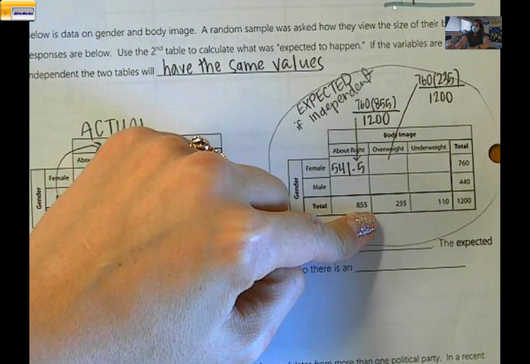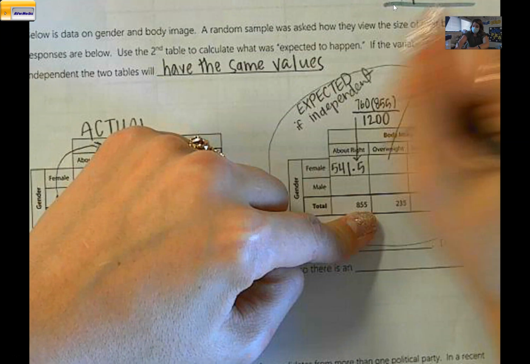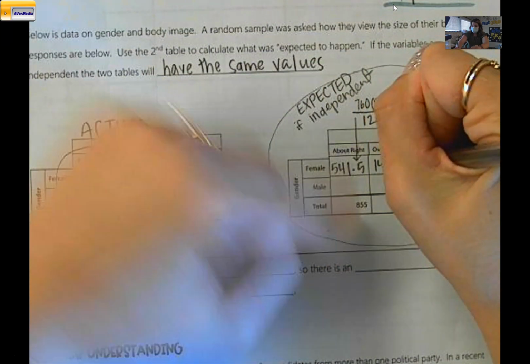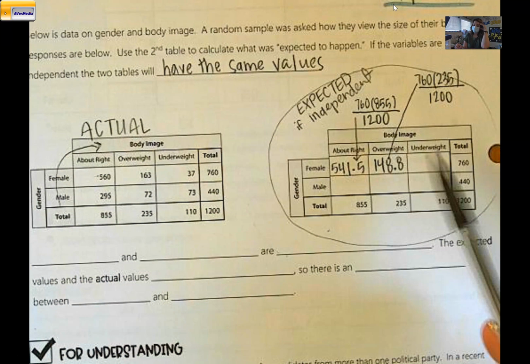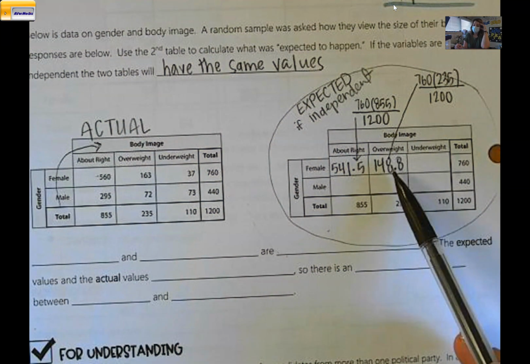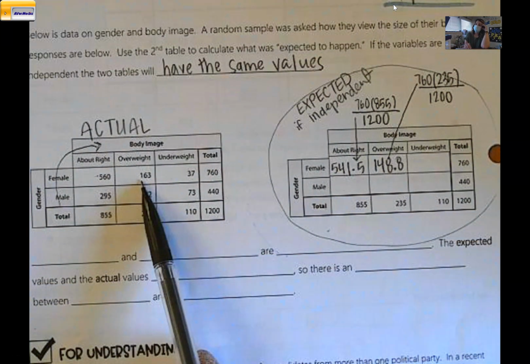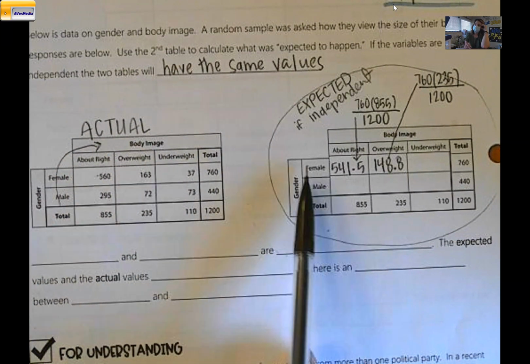What do you guys get that time? 148.8. If these two variables are independent, I would expect about 148 females to say they feel overweight. 163 actually did, so these two things have a relationship.